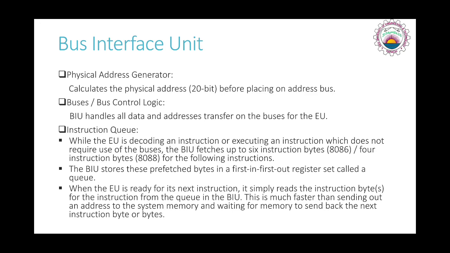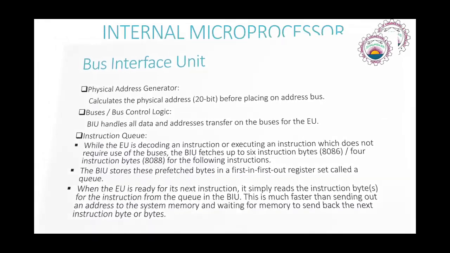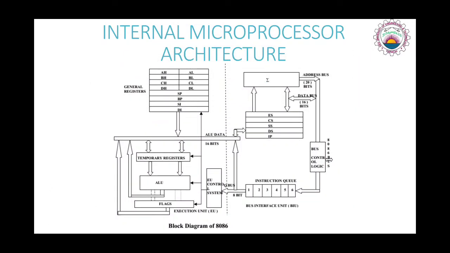Now we have to discuss a block diagram for the internal architecture of 8088 and 8086 microprocessors. In this slide you have a block diagram for the 8086 microprocessor. You may see that there is a dotted line separating the two logical parts of the 8088 8086 microprocessor. The left side is for the execution unit and the right side is for the bus interface unit.